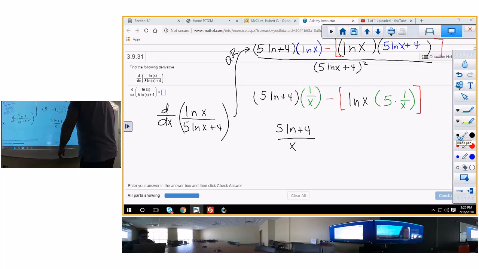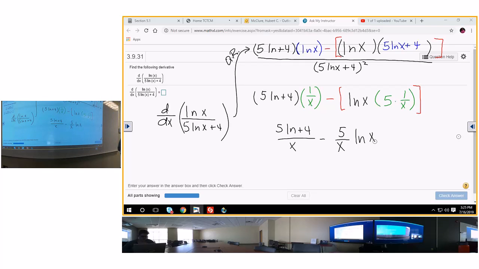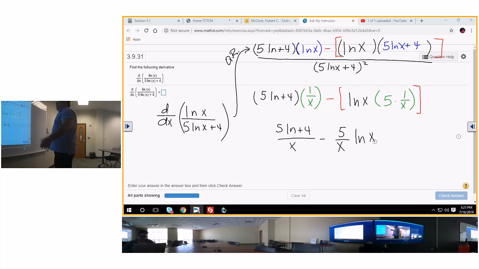Minus, well, that's going to be 5 over x times the natural log of x. So you could basically put everything over x, correct?